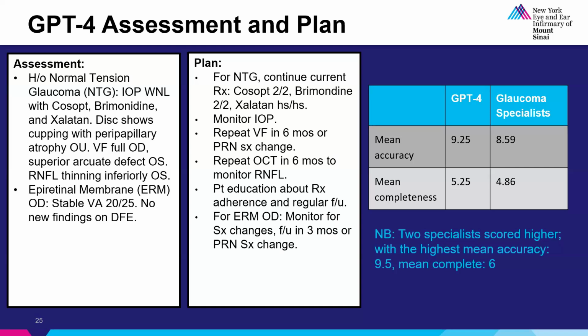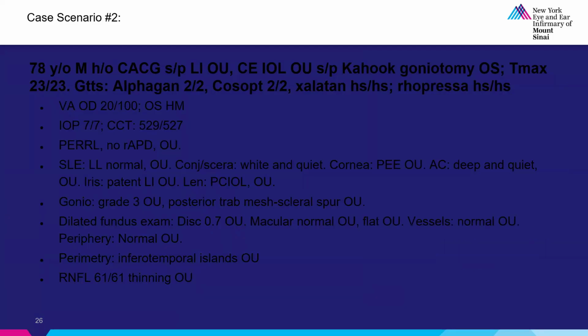So I just want to demonstrate one last case here. A little bit more complicated: a 78-year-old male with past medical history of chronic angle closure glaucoma, status post LI in both eyes, cataract surgery, and goniotomy in the left eye, with a higher Tmax on alpha-GAN, cosopt, and Rhopressa.